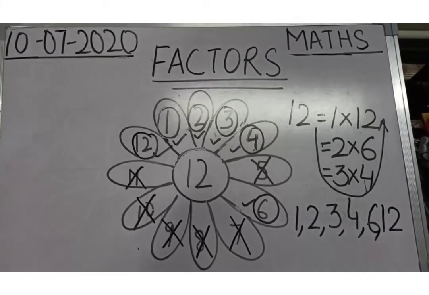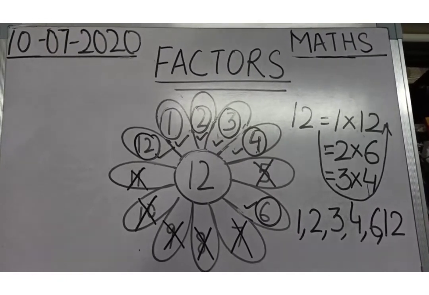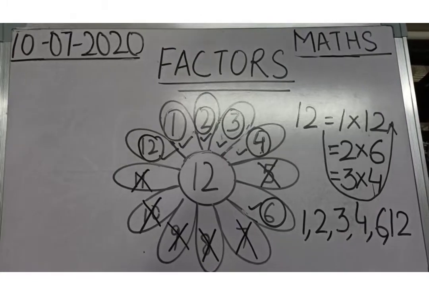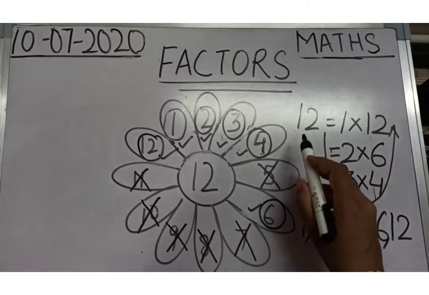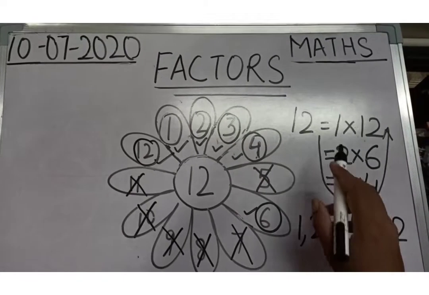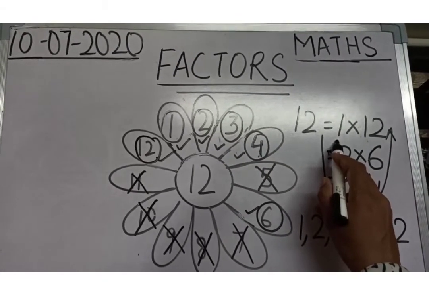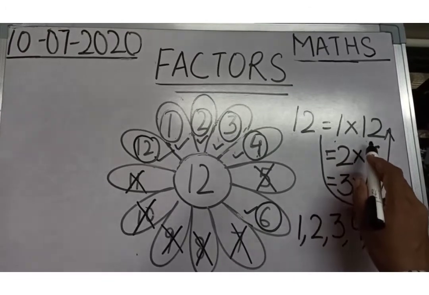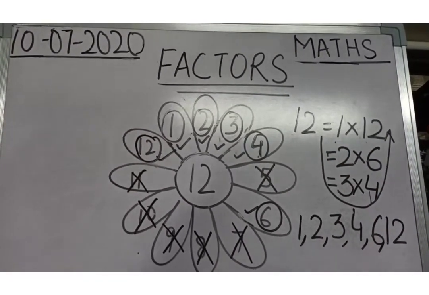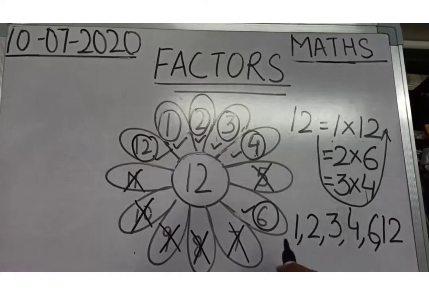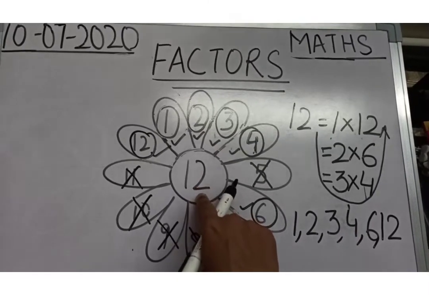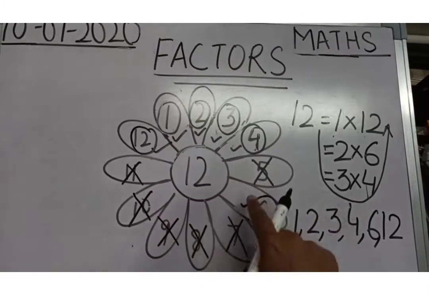Now, along with these factors, I want you to focus on the first important thing, that every number has 1 as a factor, and the greatest factor will be the number itself. I hope it is clear. We were looking for number 12 and finding which tables 12 comes in.